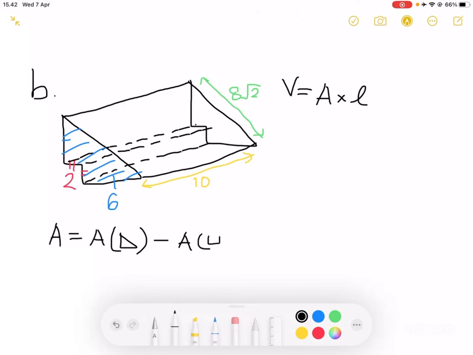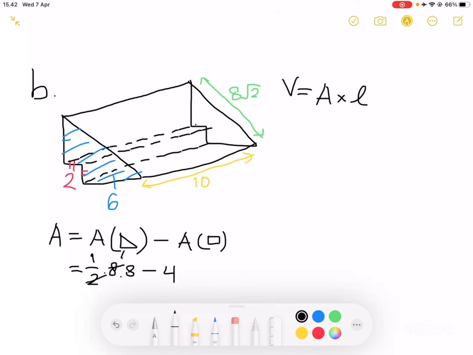So notice that is a square there. The area of this right angle triangle, with base 8 and height 8, will be a half times 8 times 8. And the area of this little square will be 2 squared, which is 4.